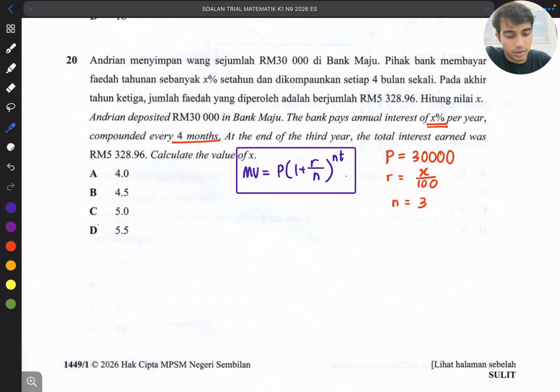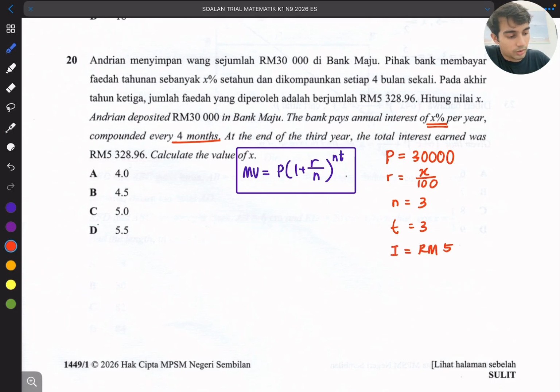At the end of the 3rd year, so he compounds it for 3 years, that means t is 3. The total interest earned was this much. Calculate the value of x.